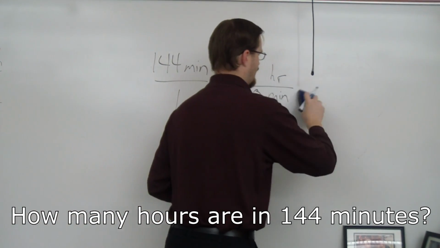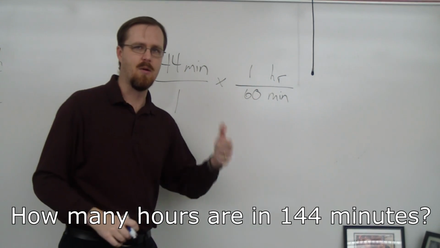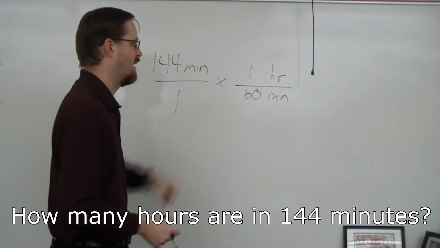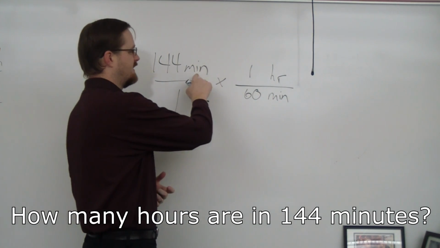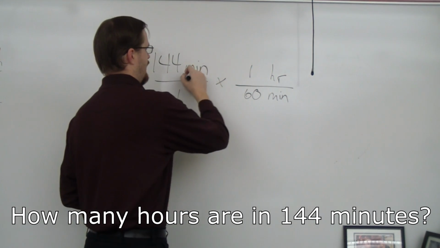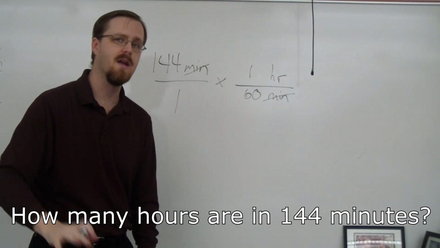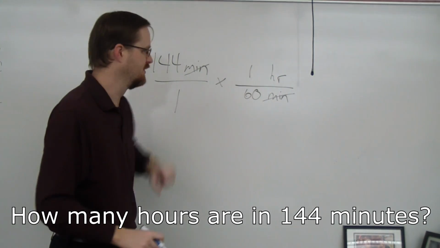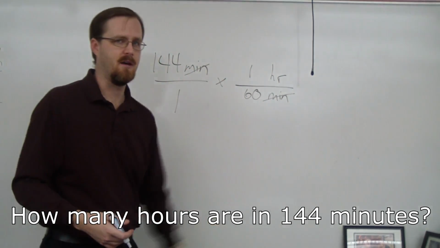Okay, but since our question asked us for how many hours are 144 minutes, okay, so since I've got hours here, that means I am done, and since I have minutes on top, minutes on bottom, I can cross that out, so those minutes are gone. The only unit that is left over is hours, and now I'm going to just multiply or divide across.